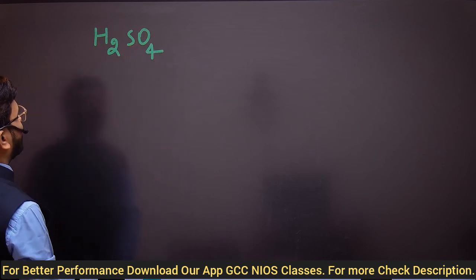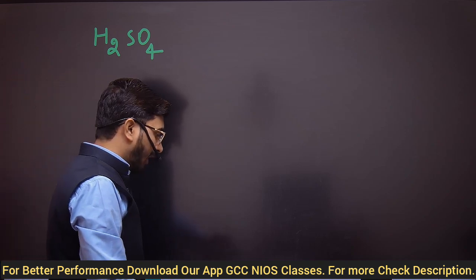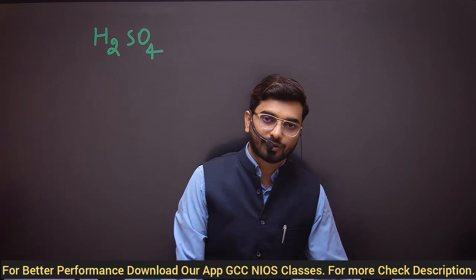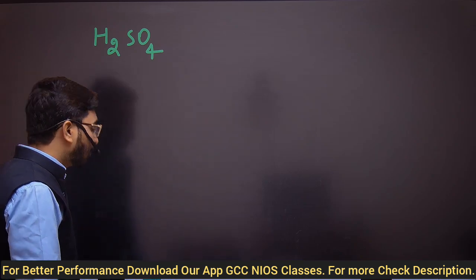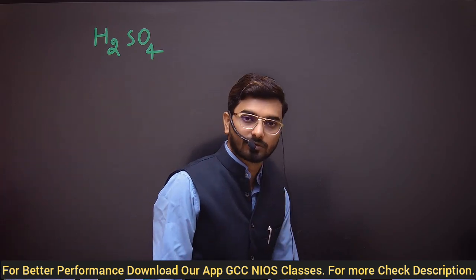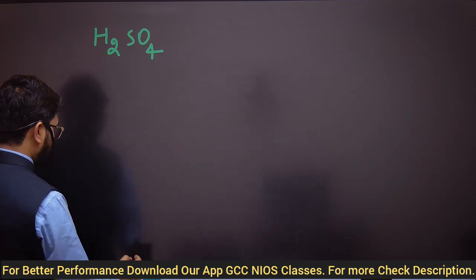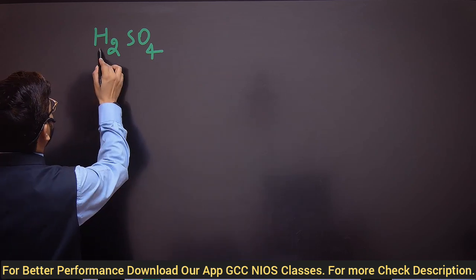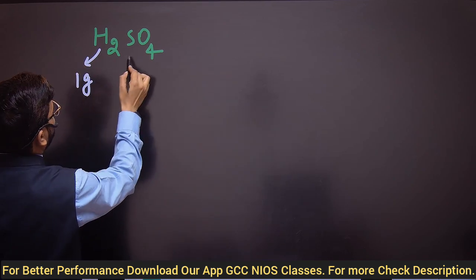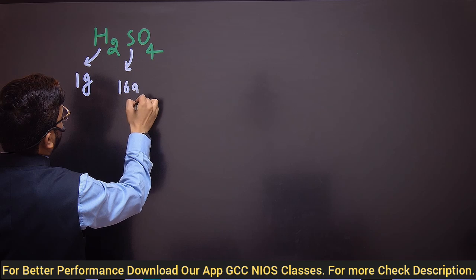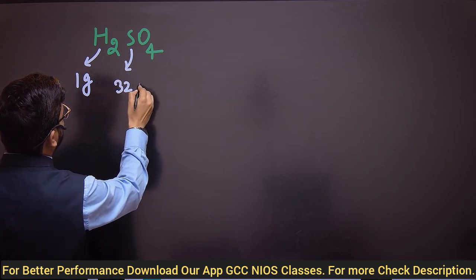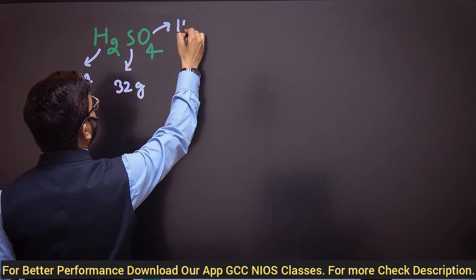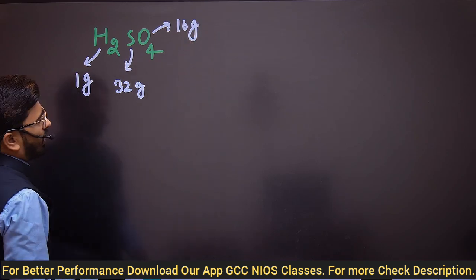In the case of H2SO4, we have 2 atoms of hydrogen, a single atom of sulfur, and 4 atoms of oxygen, right? So in this case, hydrogen is 1 gram, sulfur is 32 gram, and oxygen is 16 gram.